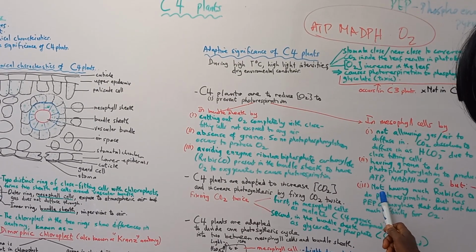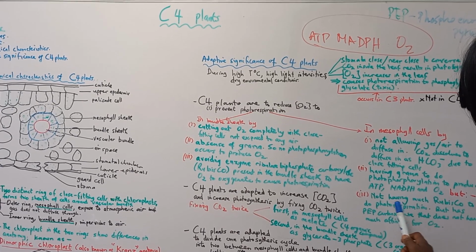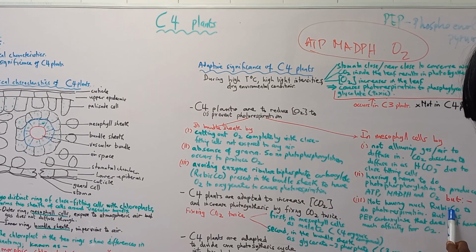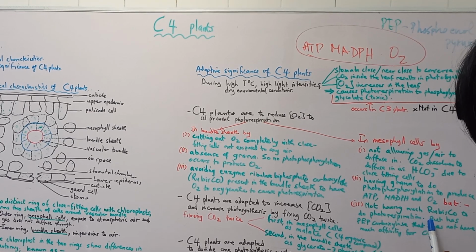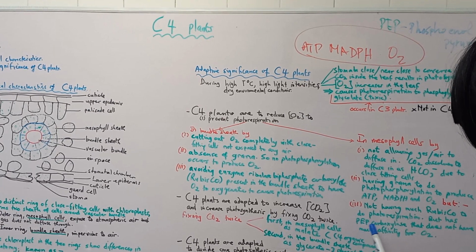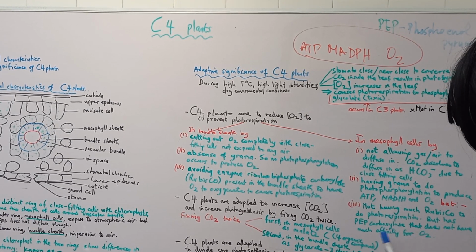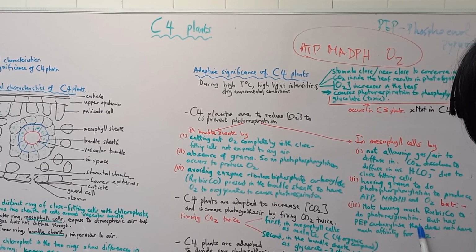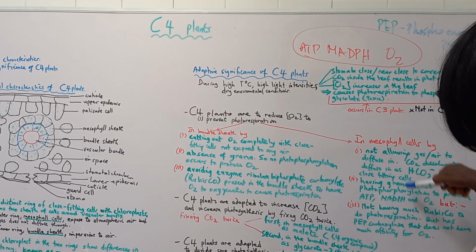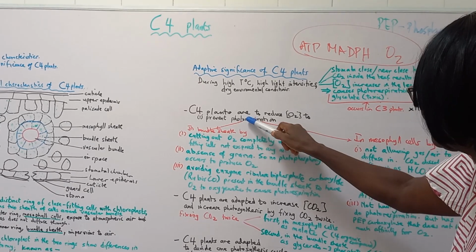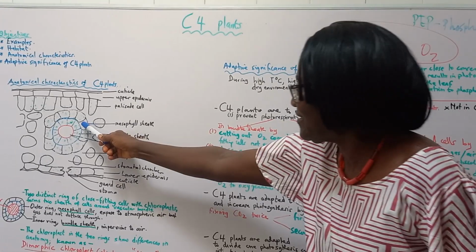But even though it produces the oxygen, it doesn't have much rubisco to do photorespiration, but it has the enzyme PEP carboxylase that does not have affinity for oxygen. So this is how photorespiration is reduced or cut from the mesophyll cells too.